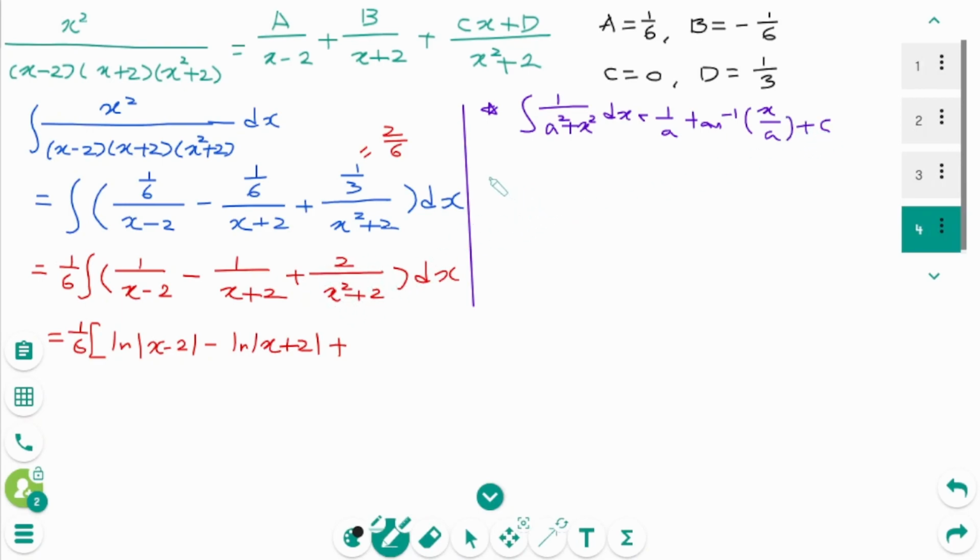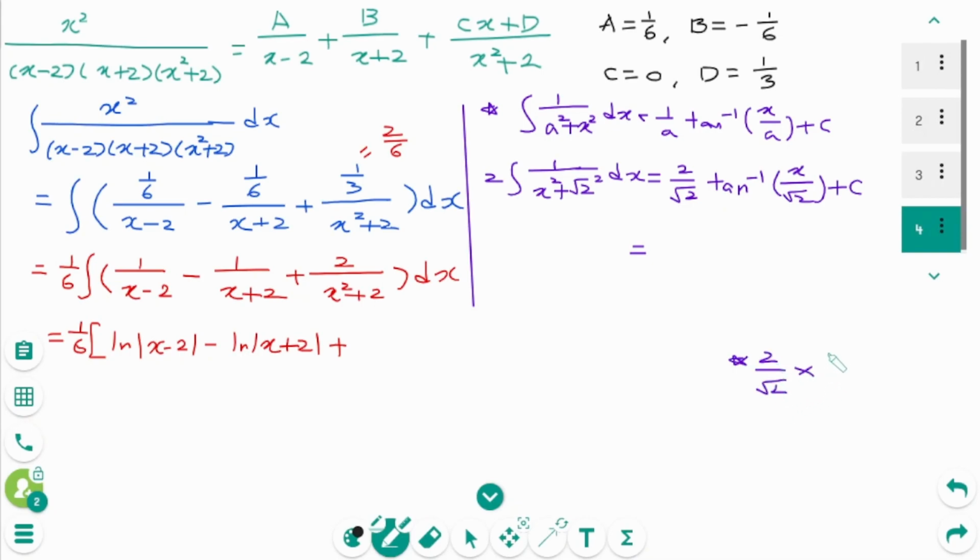So this one: 2 times the integral of 1 over x squared plus, in here a squared is 2, that means a is square root of 2, dx equals 2 times 1 over a, which means 1 over square root of 2, then arctangent of x over square root of 2 plus c, equals 2 over square root of 2 times square root of 2 over square root of 2.